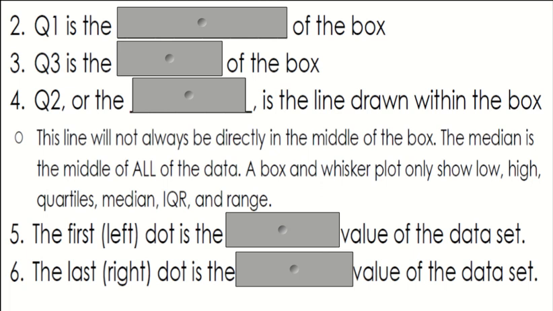Where it says Q1, Q3, Q2, that's talking about quartiles. Okay, so quartile 1, quartile 3, quartile 2. Quartile 1 is the beginning of the box, so that'll be like the left side of the rectangle there in the box.